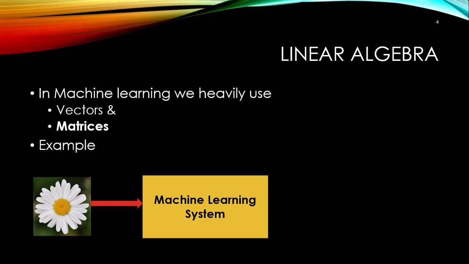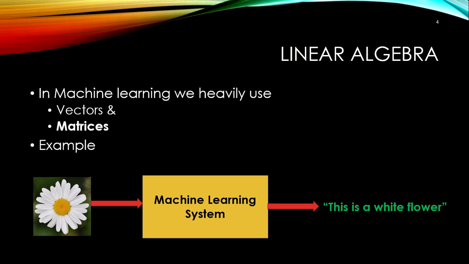Okay, and what we are expecting is that the machine learning system should check the image and give us an output something like this. Okay, since the petals are white colored, the machine learning system will give an output like: this is a white flower. Okay, so take this simple example and see where the matrices and vectors come in.